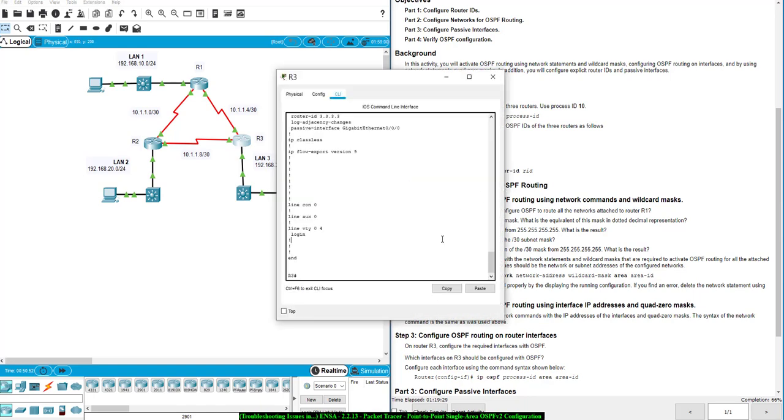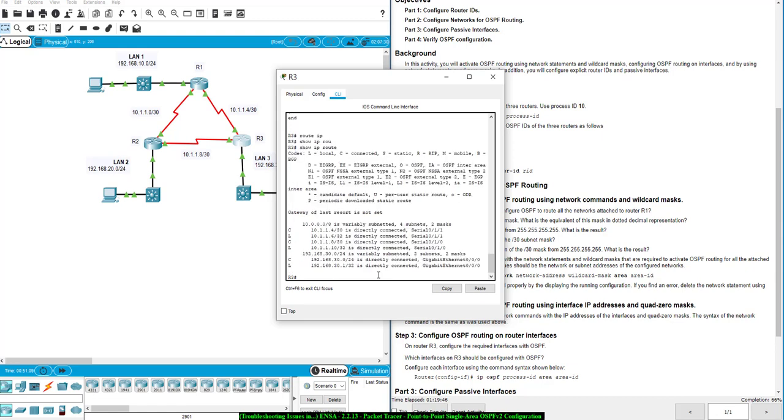If you notice, for sure OSPF is not running. Let's do a show ip route. Okay, so there's show ip route. Notice here, if OSPF was running, it would have an O, right, for OSPF.